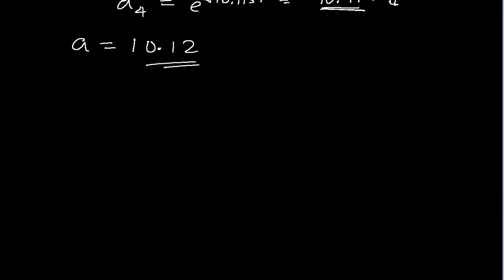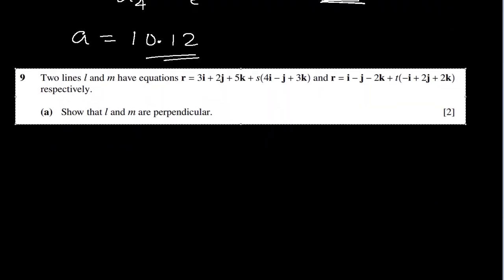Let's move on to the next question, which is based on vectors. Question number 9 has given us the equations of 2 lines, and we have to show that they are perpendicular. So the direction of lines is decided by the vector part, and the vector part of this one is this, the first line, the second line is this.